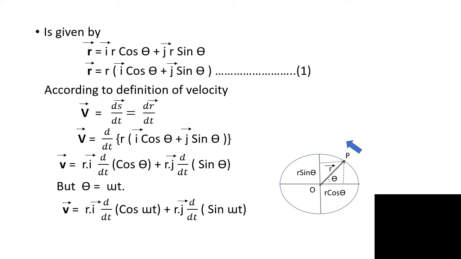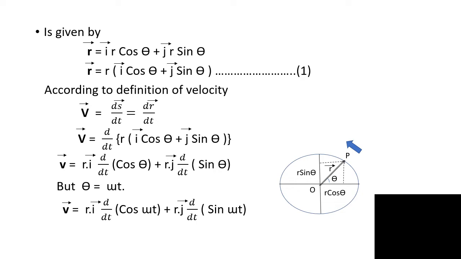So the left hand side of this equation 1 gives us the radius vector r bar, and the right hand side is split into two parts. r is the magnitude of vector r bar, and i cos theta plus j sin theta gives the direction of vector r bar.